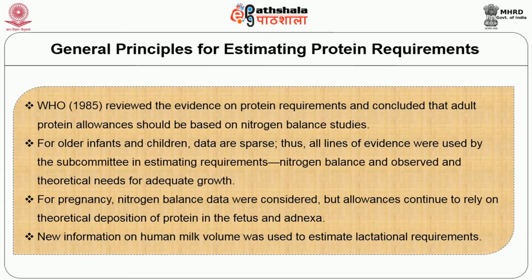For pregnancy, nitrogen balance data were considered, but allowances continue to rely on theoretical depositions of protein in the fetus and adnexa. New information on human milk volume was used to estimate lactational requirement.